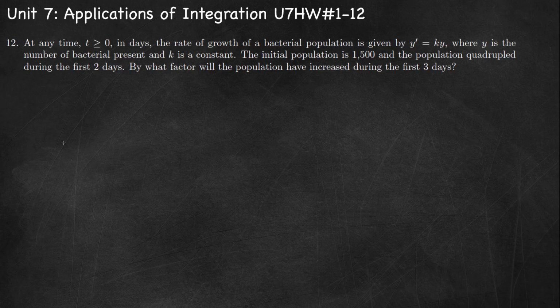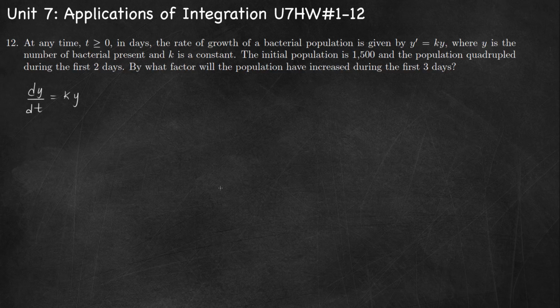And number 12, at any time t greater than or equal to 0 in days, the rate of growth of a bacterial population is given by y prime equals ky. So that's the same in our Leibniz notation as dy dt equals k times y. Y is the number of bacteria present and k is a constant.